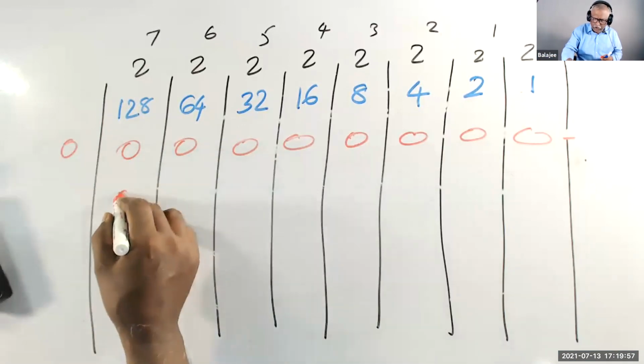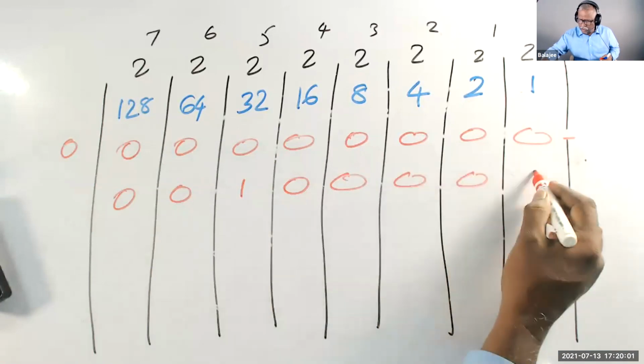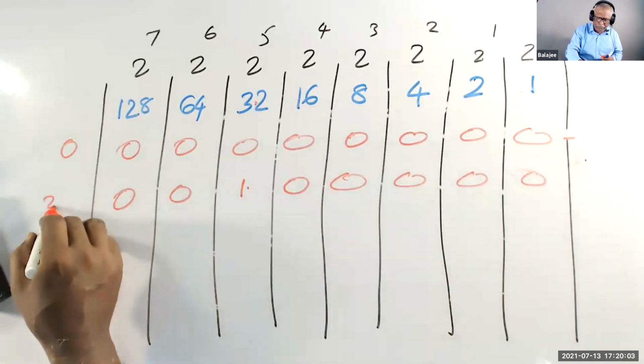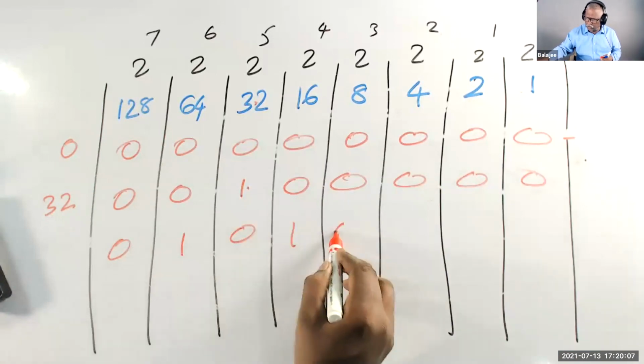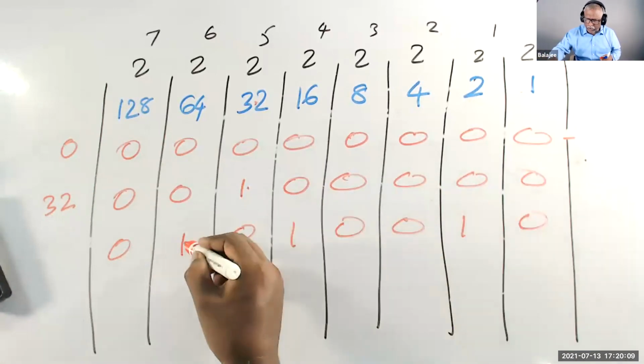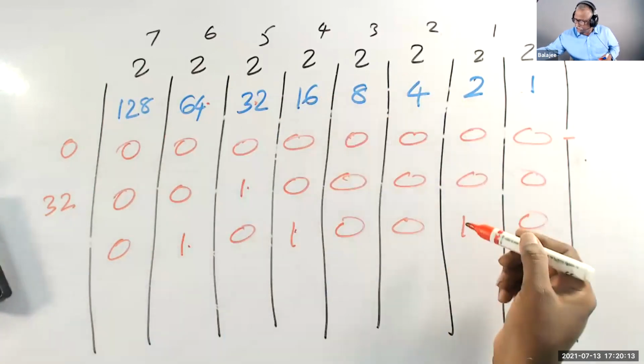If you write here 0, 0, 1, 0, 0, 0, 0, 0, then 1 into 32 is 32. If I write here 0, 1, 0, 1, 0, 0, 1, 0, then 1 into 64, 64, plus 16, 80, plus 2, 82.